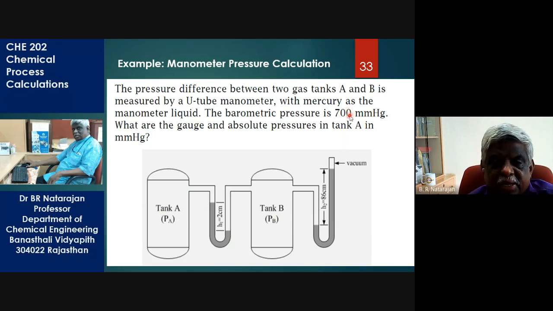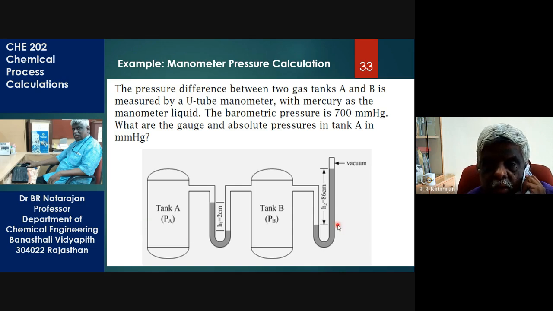The barometric pressure is 700 millimeters mercury. What are the gauge and absolute pressure in tank A in millimeters mercury?